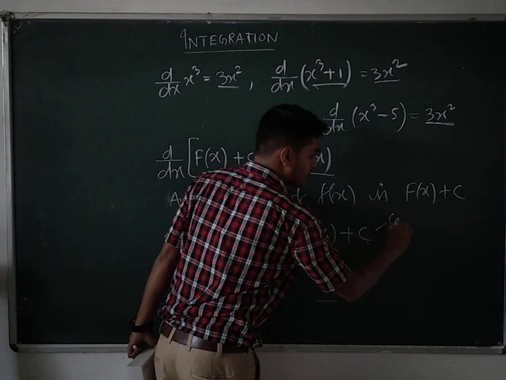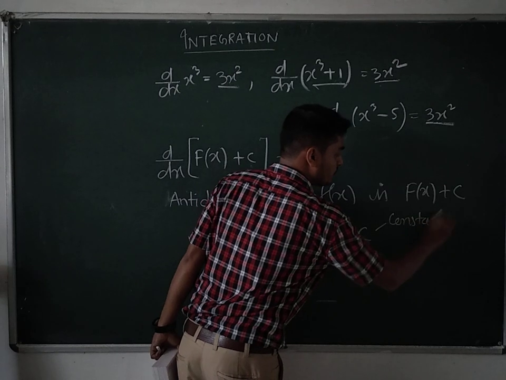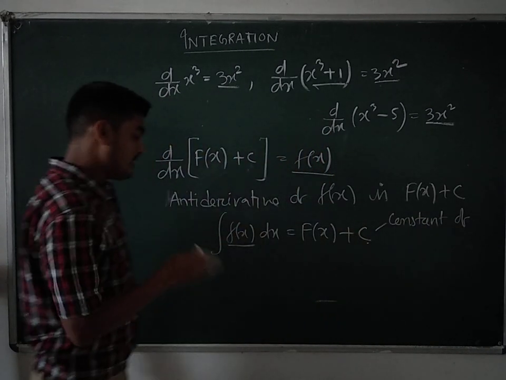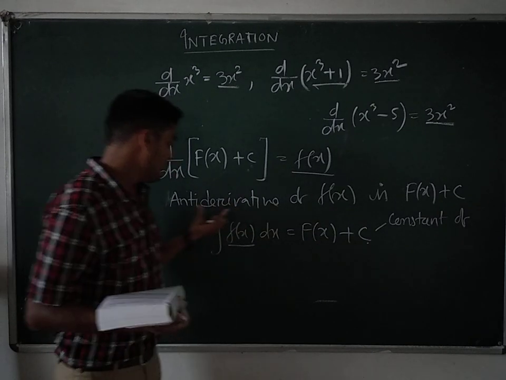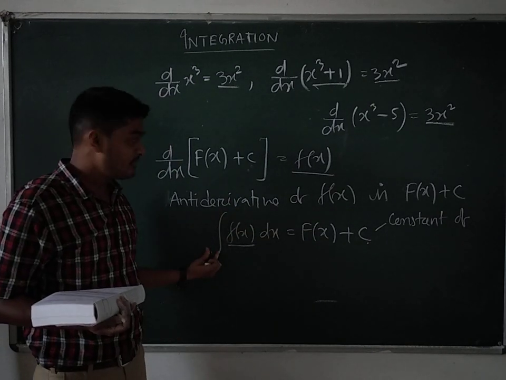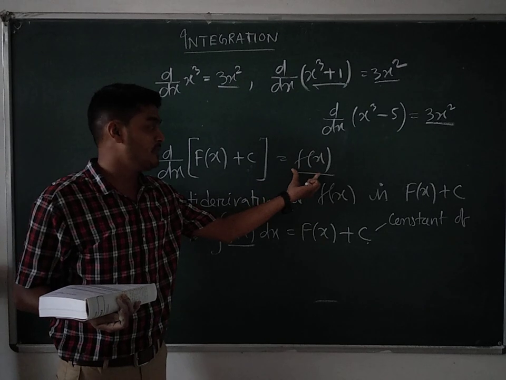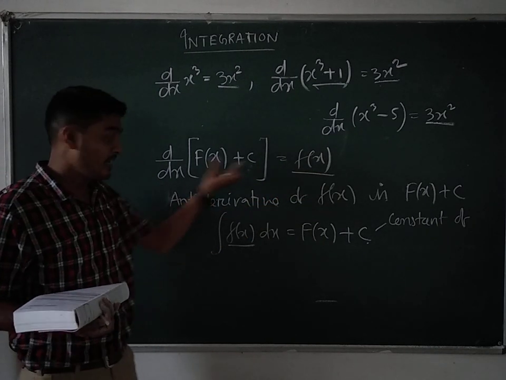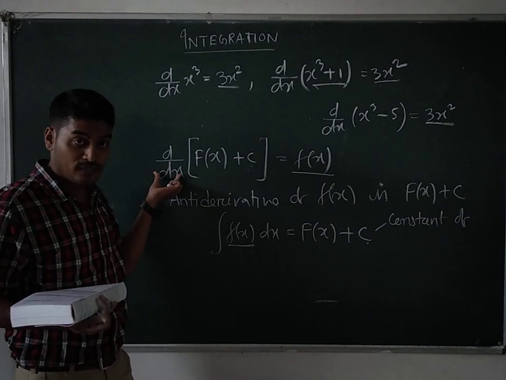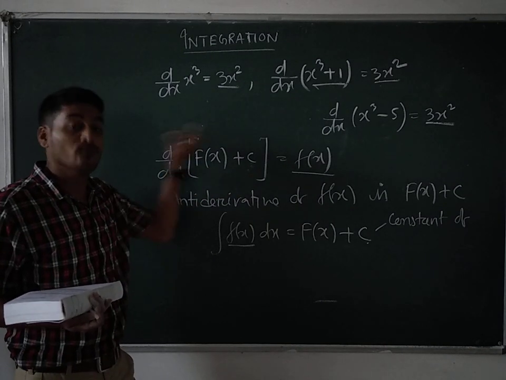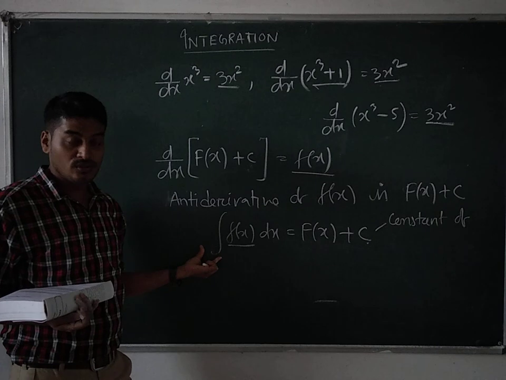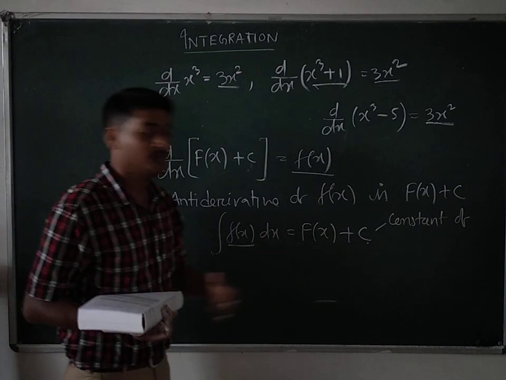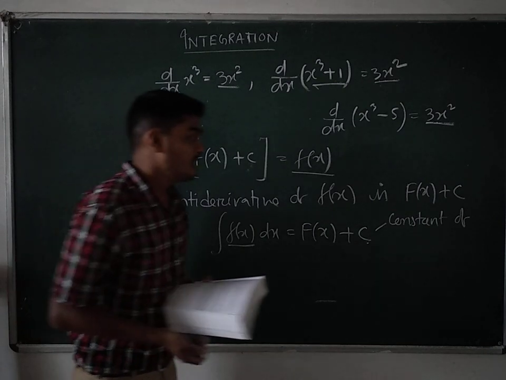This one is known as the constant of integration. Just as d/dx denotes the derivative, this symbol is used for the opposite: the antiderivative of f of x with respect to x is equal to capital F of x plus c, c is any constant.